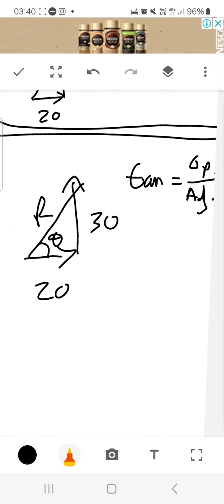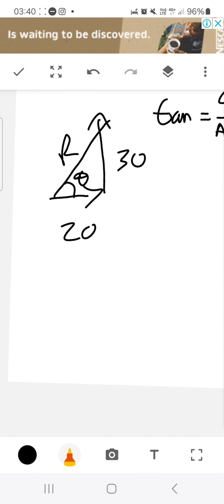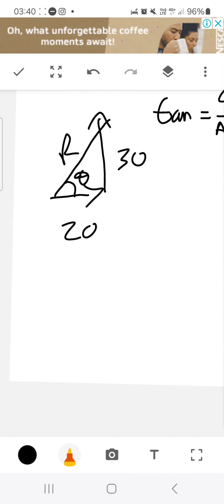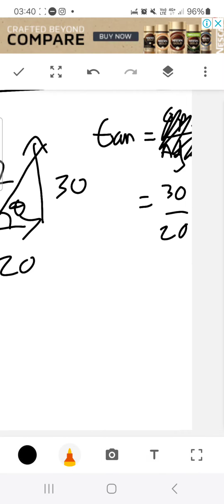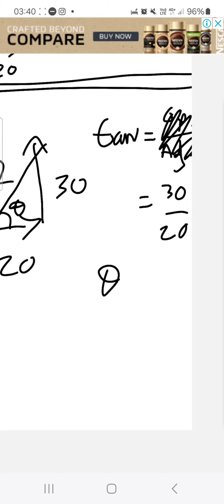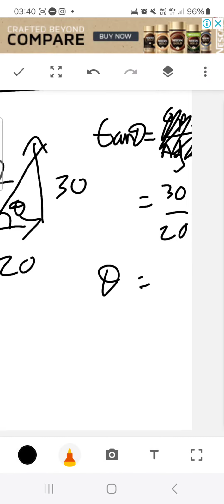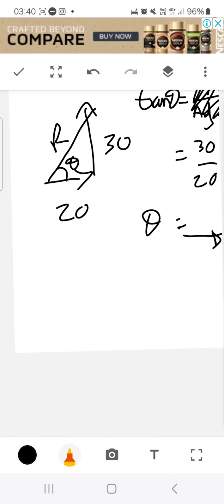I just can't write properly because this is on my phone with an app I don't know how to use with my finger. So then you can say it's 30, or you don't even need to write this part. For a physics test, you can just say 30 over 20 and then shift tan, and you can solve for theta equal to whatever degrees, right?